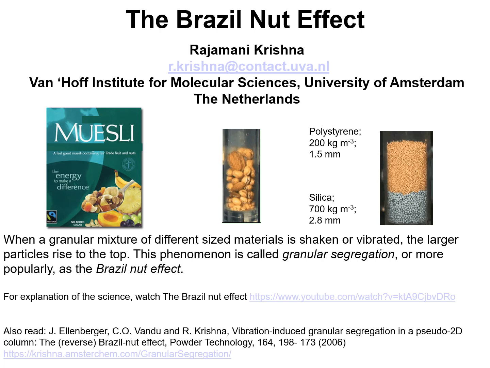I do another experiment in which I take a glass column and fill it with two types of materials: silica particles of 2.8 millimeters with a density of 700 kilograms per cubic meter, colored blue, at the bottom, and smaller polystyrene particles with a lower density of 200 kilograms per cubic meter, colored yellow, at the top.